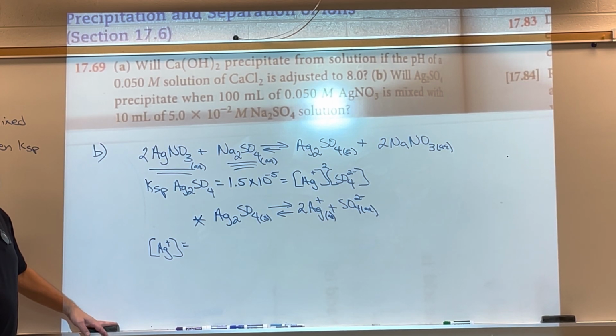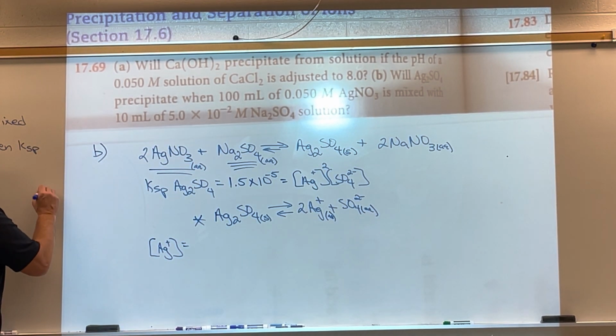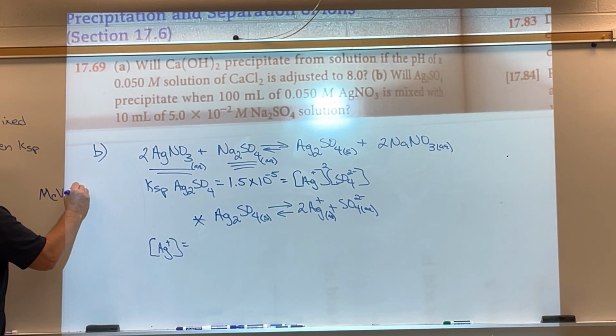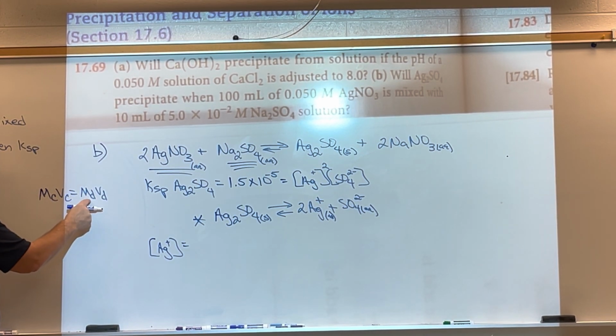We just did that with the kinetics lab. We just did a whole slew of them. MCVC is equal to MDVD. We want the molarity of the dilute, so we go over here, volume of the dilute.